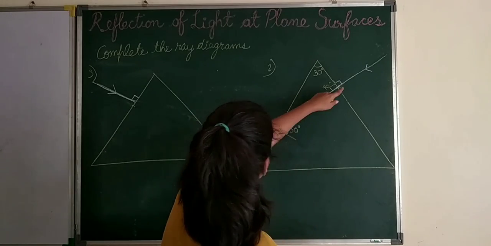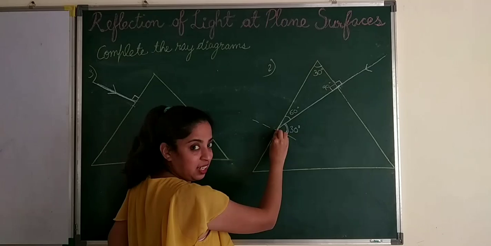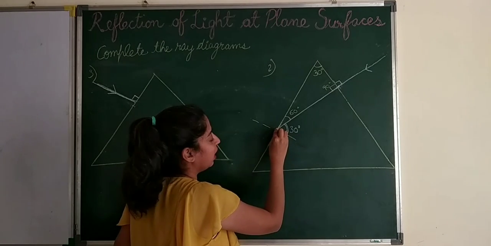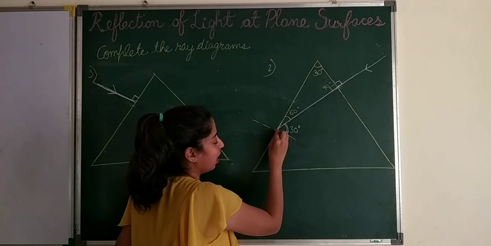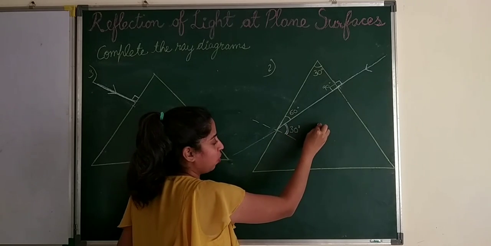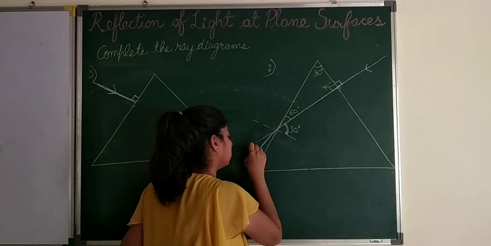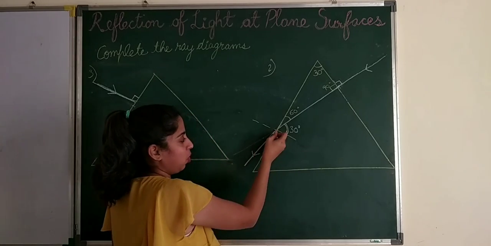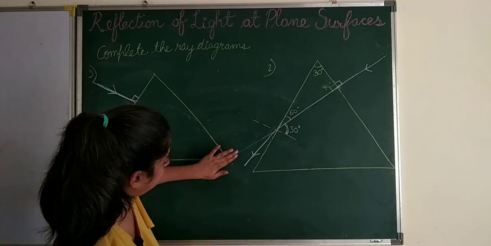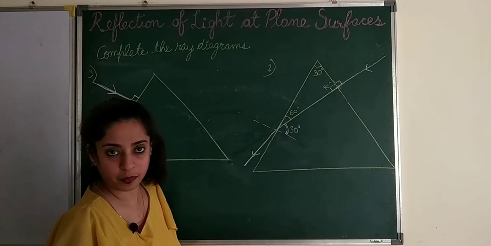It doesn't look like 30, but it is 30. Now here, this 30 is less than the critical angle, so it will not reflect back, it will refract. So it could have gone straight, but since it is going from denser to rarer, it will move away from the normal. So it will move like this. We will have to mention these angles here.